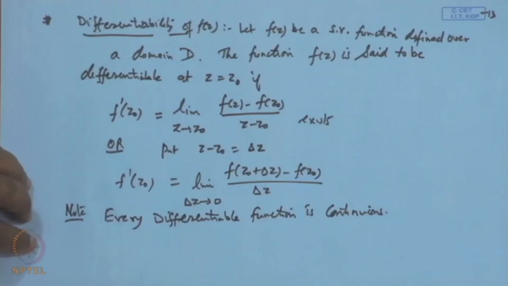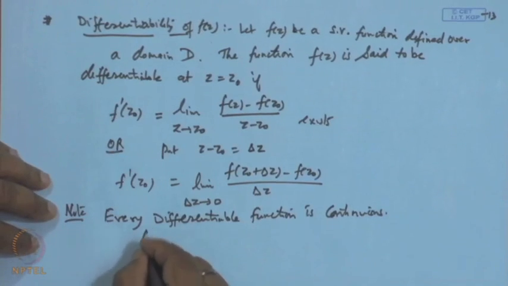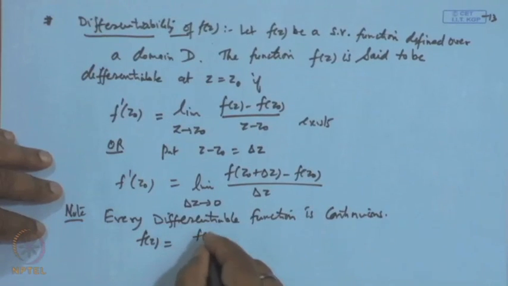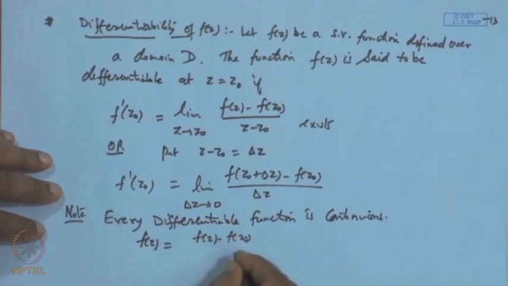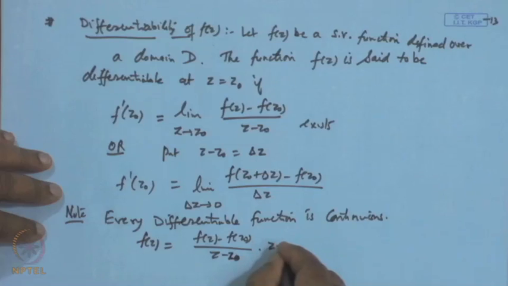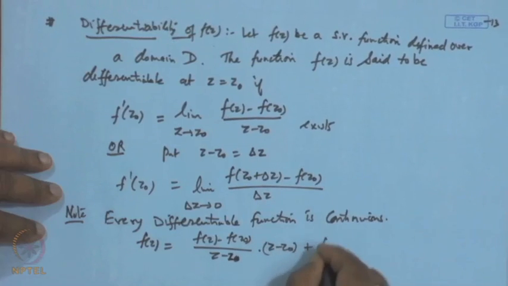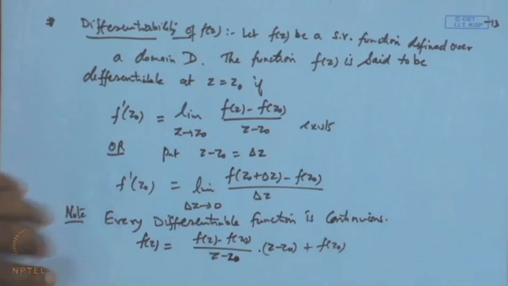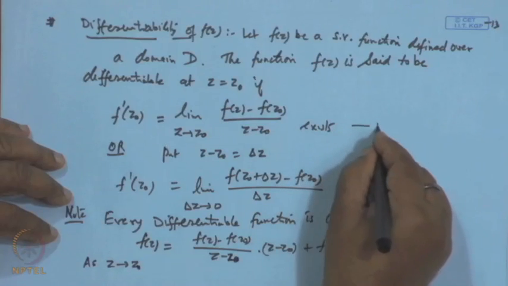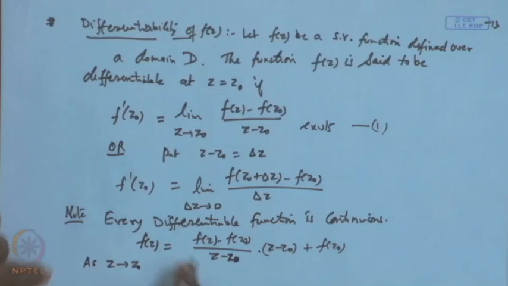The reason is this: start with f(z). We can write it as [f(z) minus f(z naught)] divided by [z minus z naught], into [z minus z naught], plus f(z naught). Now, as z tends to z naught, the limit exists.